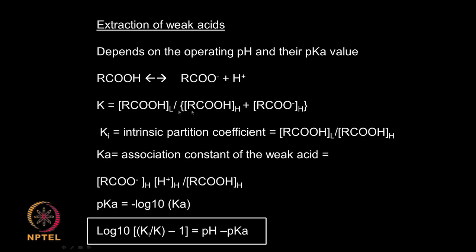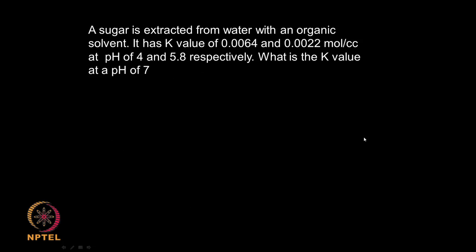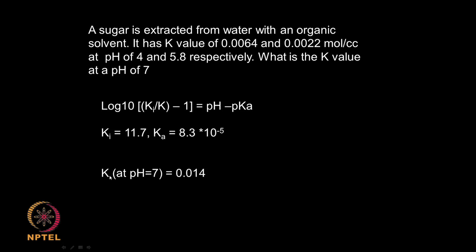But because the acid dissociates in the aqueous media, you are having an extra species, which is RCOO minus, that is why you get this K actually, whereas the intrinsic partition coefficient assumes there is no dissociation. So, we have the concentration of the solute in the liquid phase and the concentration of the solute in the heavy phase. Okay. So, we can do that and thereby we can get the answer for K.